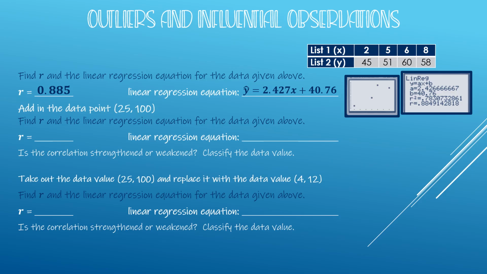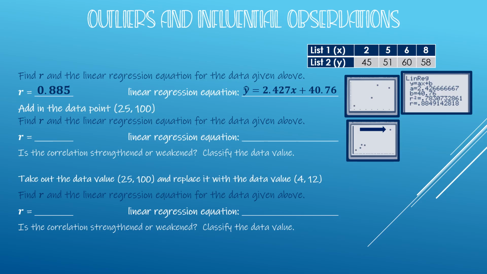Now let's add to the data set another point, 25, 100. So just at the bottom of list 1 and list 2, add the 25 and the 100. And that's what the new scatter plot's going to look like.